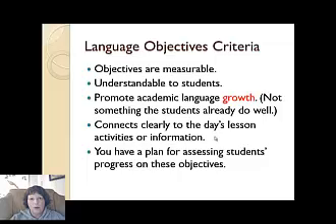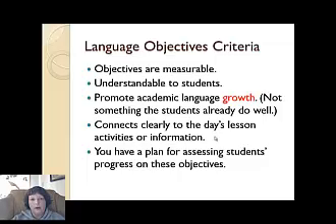For example, I teach the English ed majors who are going to be high school teachers. Sometimes I'll come across a student who has a 10th grade lesson plan, and they say for one of their content objectives, the students will be able to read the short story.